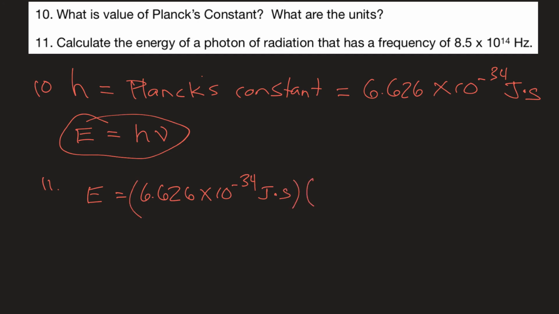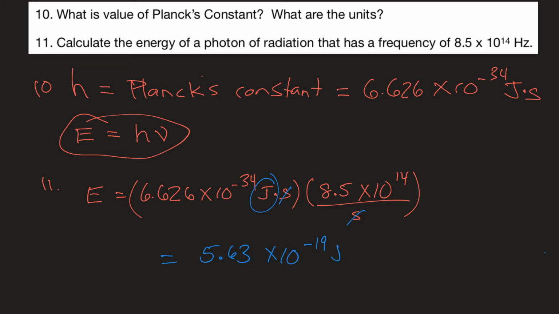And I'm going to plug in frequency here of 8.5 times 10 to the 14th waves per second. When I do that, I see right away that the seconds are going to cancel, and the unit that remains is going to be joules. Solving that, I get that the energy is equal to 5.63 times 10 to the negative 19th joules.